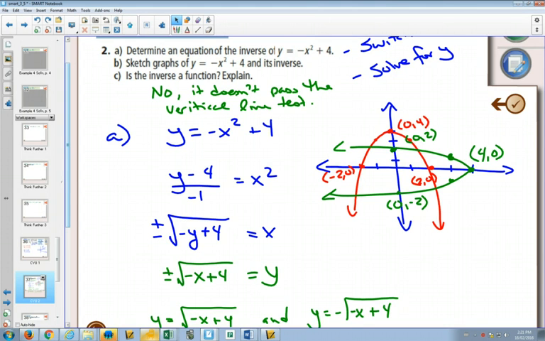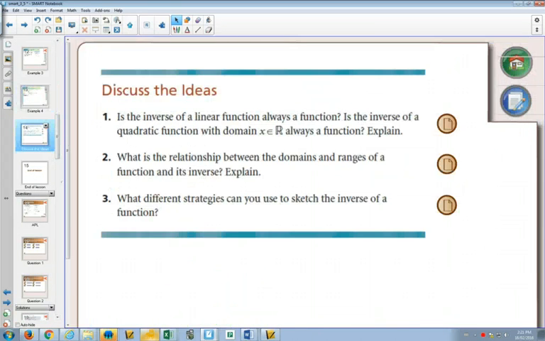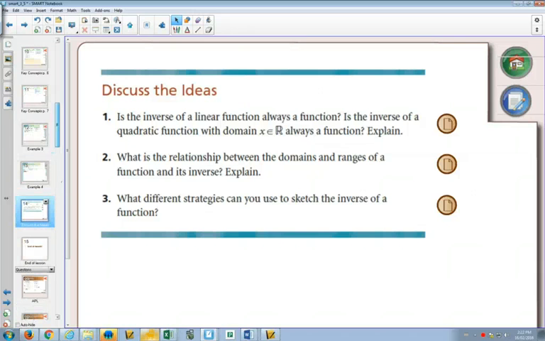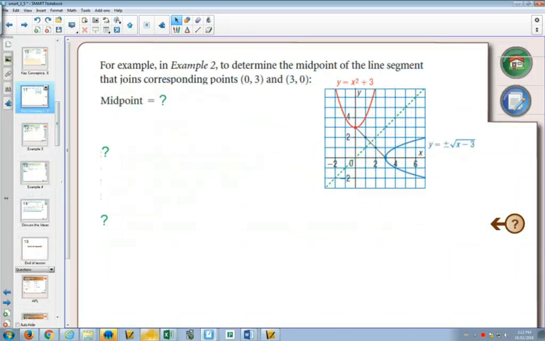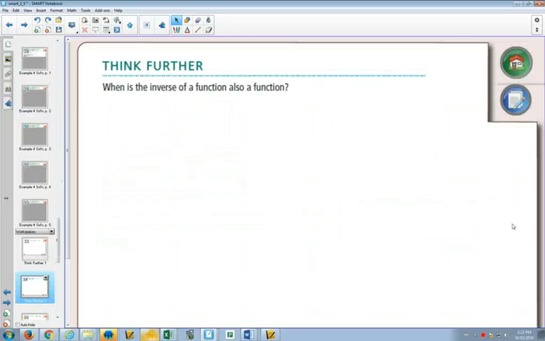At the bottom of page 239, there is this question. When is the inverse of a function also a function? What would have to happen to our original function so that our inverse is also a function?